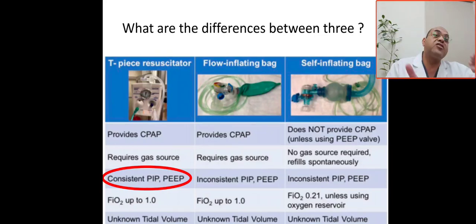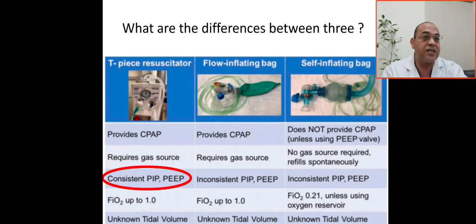If the baby is less than 35 weeks, I have to start with 21 to 30% oxygen. If chest compression is indicated, I have to increase the oxygen to 100%. So I need a device that can give me 21, 30, and 100%.